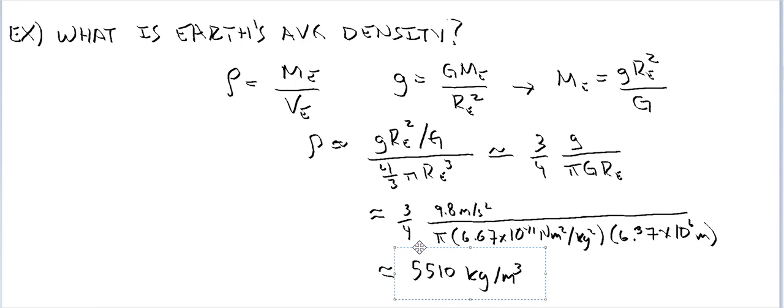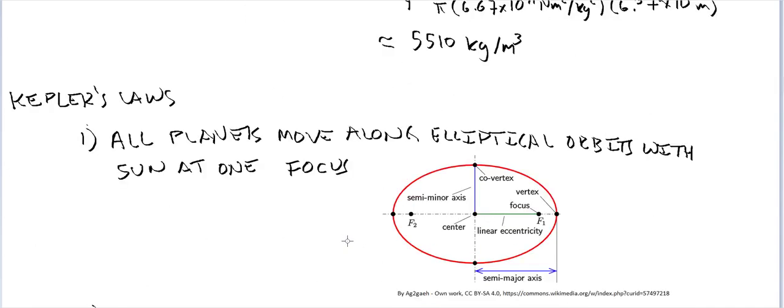And so from those two pieces of information, the average density is about 5,510 kilograms per cubic meter, and the density near the surface is a couple thousand kilograms per cubic meter, you would expect that the interior regions of the Earth are more dense. Hopefully that makes sense. All right, so let's add Kepler's laws to the mix.